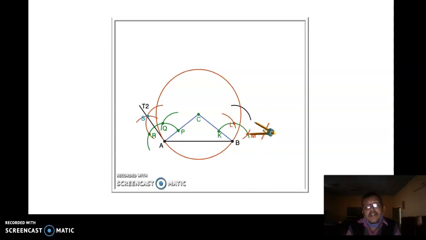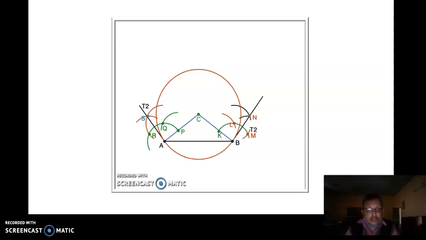Now you will get the intersection, let it be N. Now draw the line passing through B and N. So this is the tangent T2. Now T1 and T2 are the tangents constructed at the end points of the chord. Okay. So this is the method of drawing tangents at the end points of the chord.